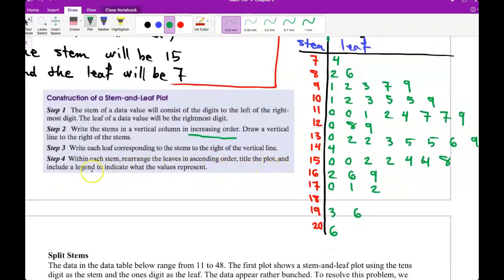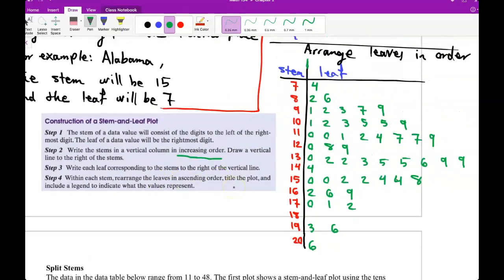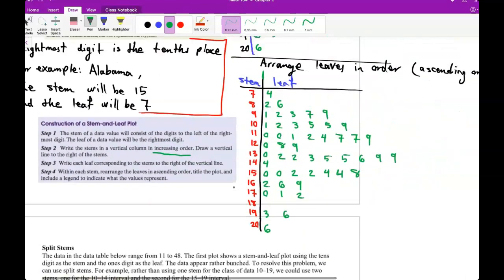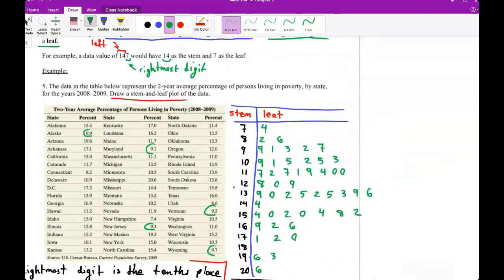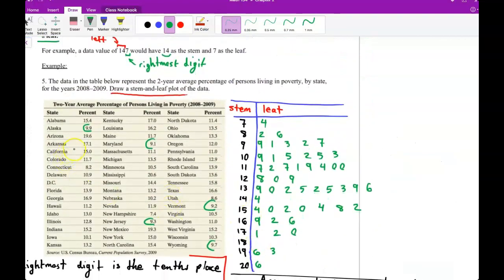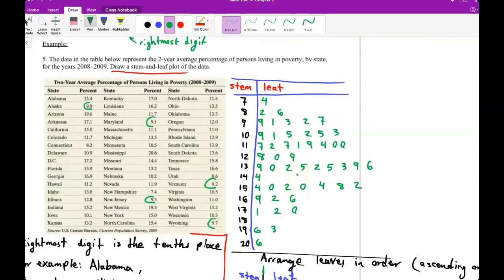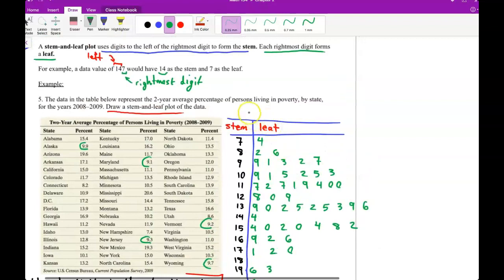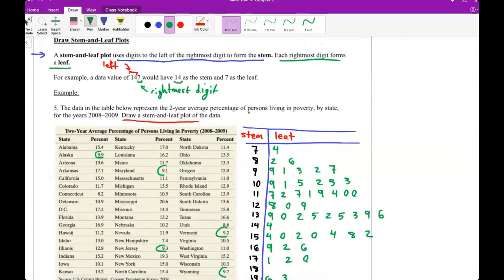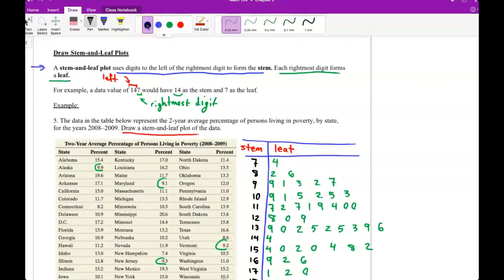Then title the plot and include a legend to indicate what the values represent. Okay, so titling that one. That one is for the 2-year average percentage of persons living in poverty. I'm going to write that here, what the title is.